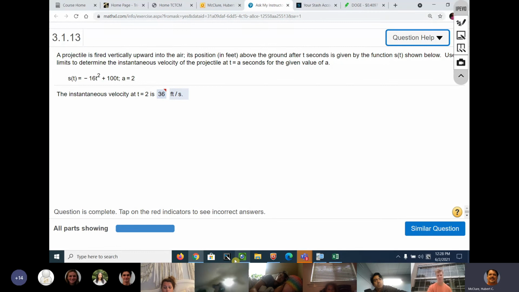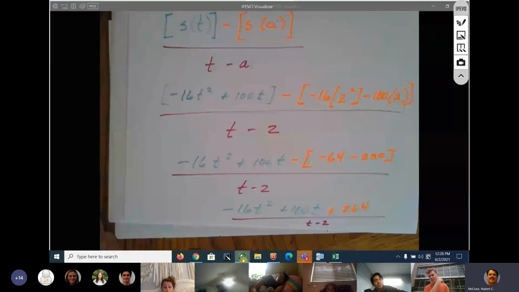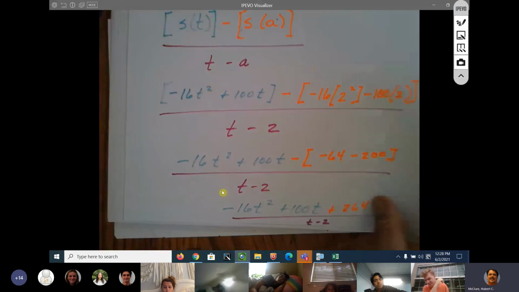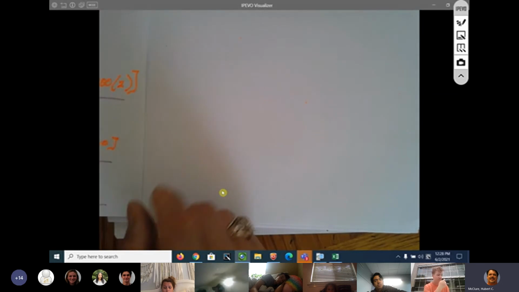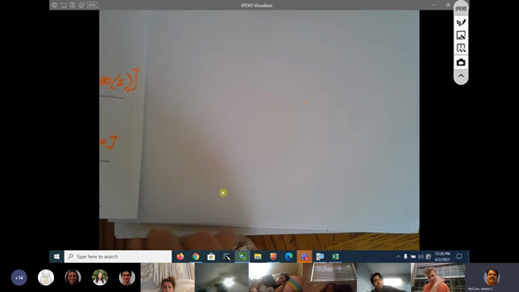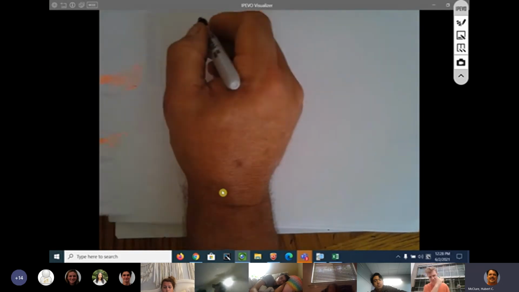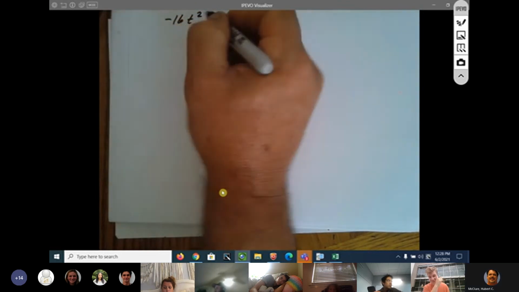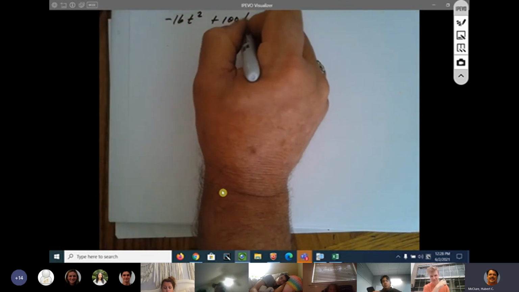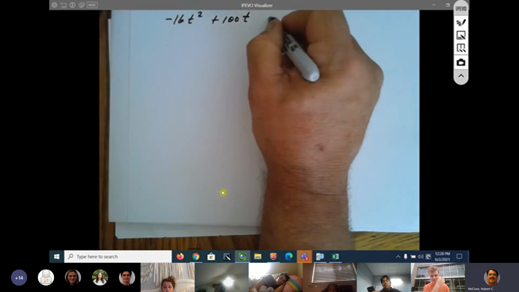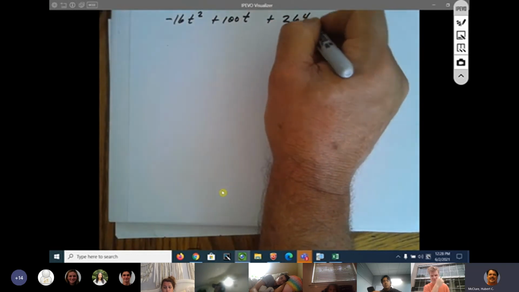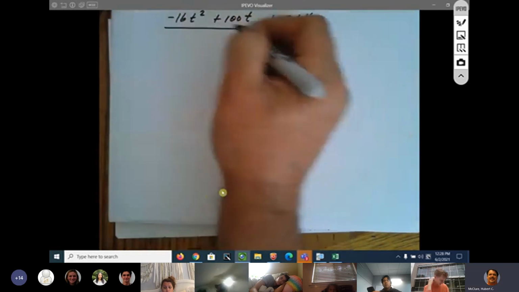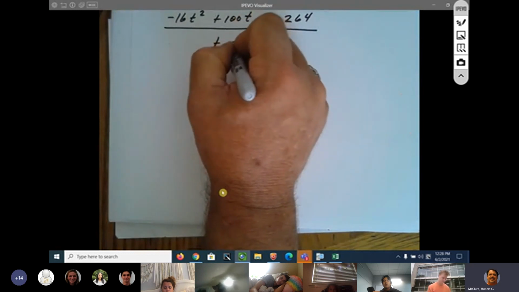So let's factor out and keep going. I want to rewrite this on the next page. I'm going to write it in black. It's negative 16t squared plus 100t plus 264 divided by t minus 2.